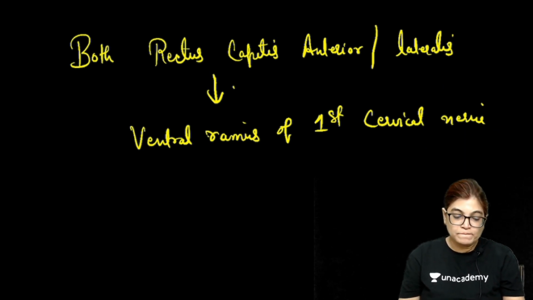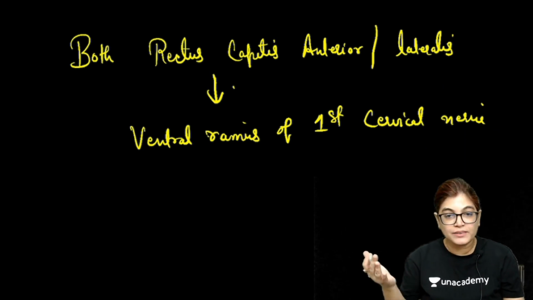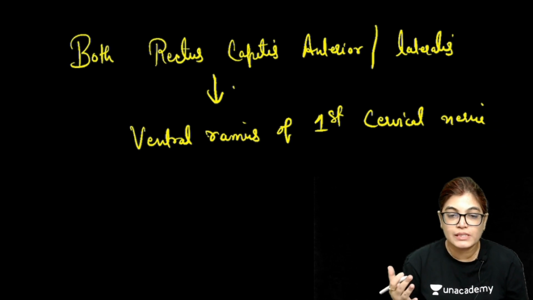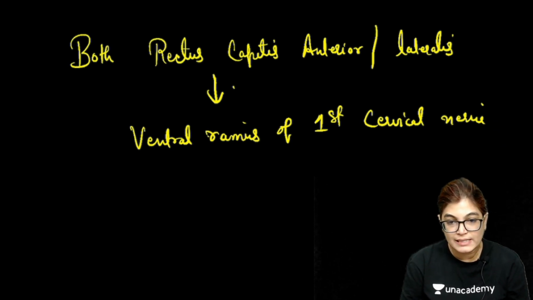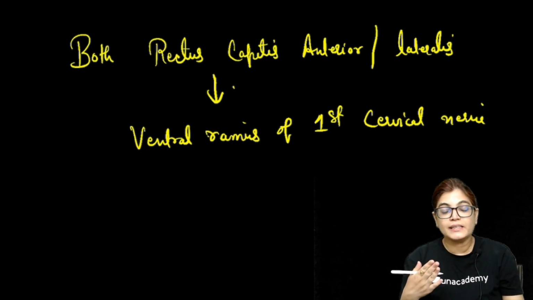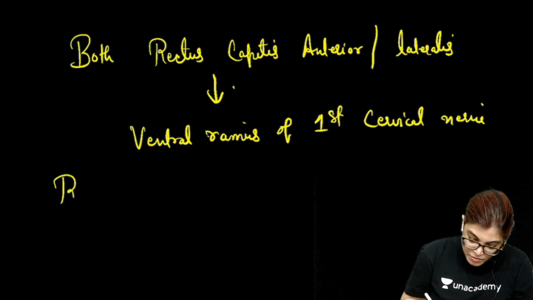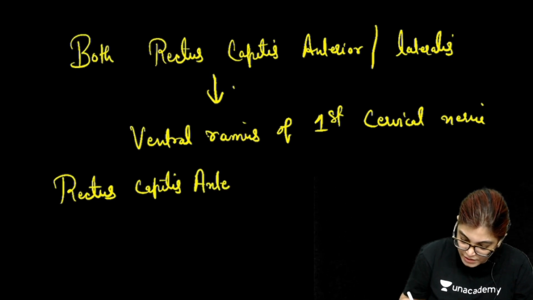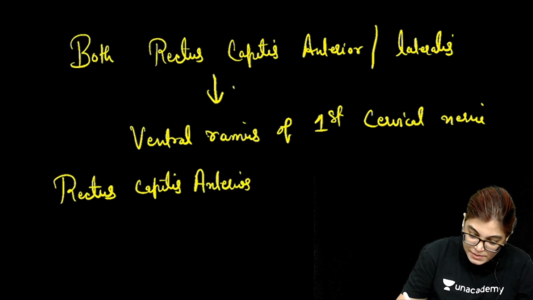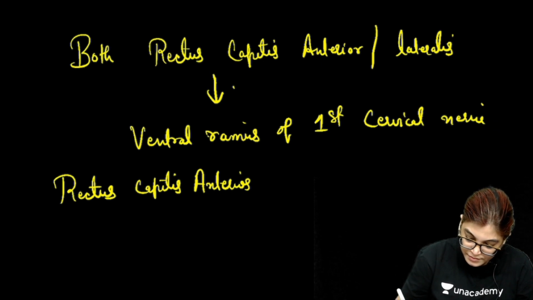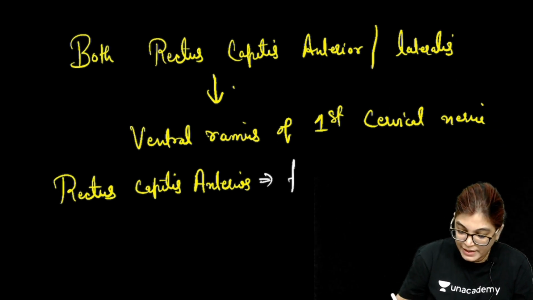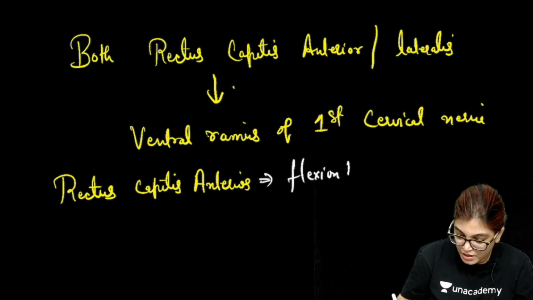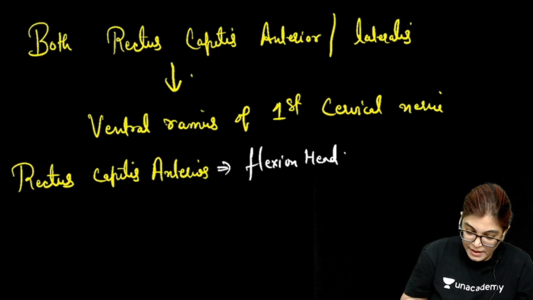Now rectus capitis lateralis is bending the neck to the same side, and rectus capitis anterior is flexing the neck. To be more specific, the action of rectus capitis anterior is causing flexion of the head.